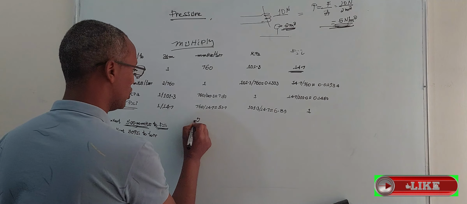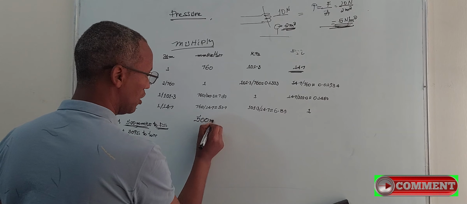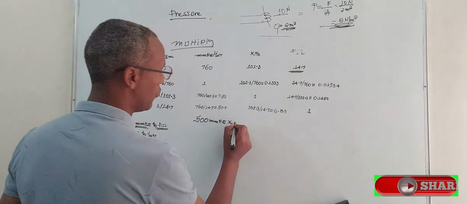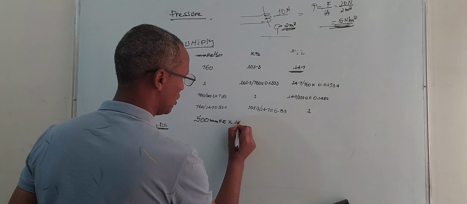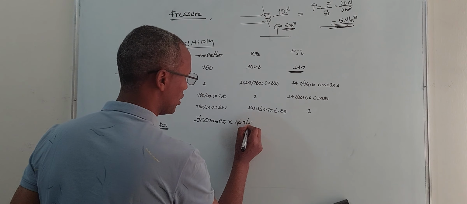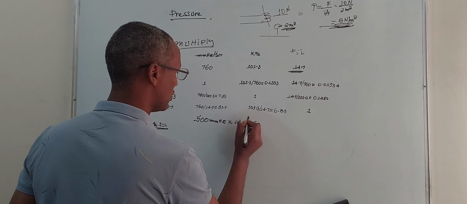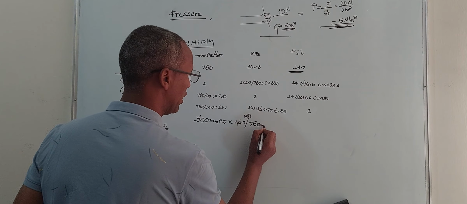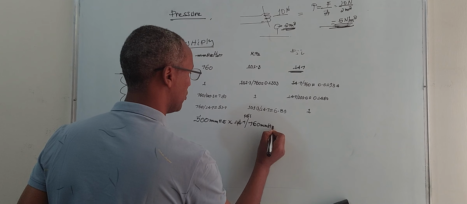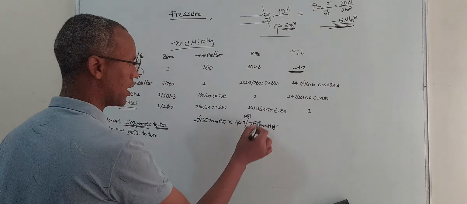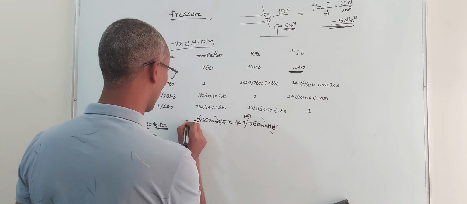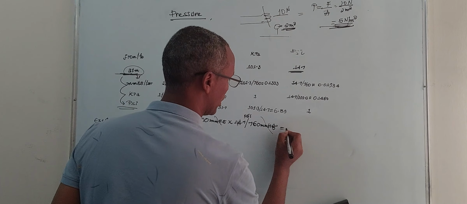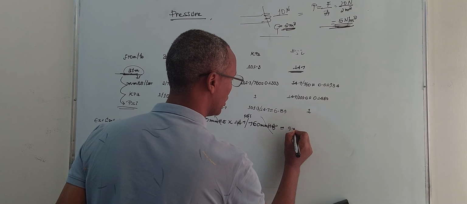So like I say, you need to multiply 500 millimeter mercury with 14.7 upon 760, and basically this is psi. You can cancel millimeter mercury with millimeter mercury, then you will get around 9.57 psi.